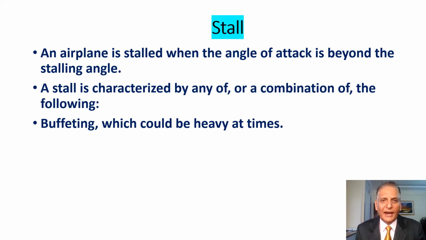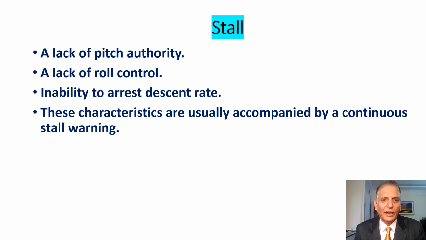A stall is characterized by any of or a combination of the following: buffeting, which could be heavy at times; a lack of pitch authority; a lack of roll control; inability to arrest descent rate. Now, these characteristics are usually accompanied by a continuous stall warning.